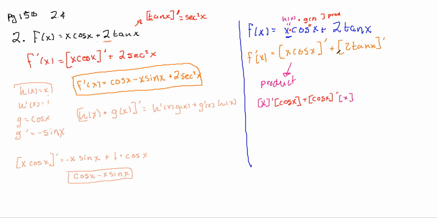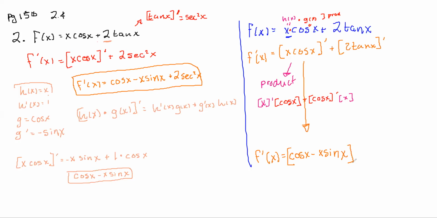So that's my product rule, and that's the derivative of this one. So in order to find the derivative of this in particular, I use the product rule. I'm going to go ahead and put it down because I just solved that over on this left side of the board in like the peach color. So this is going to be cos x minus x sine x.